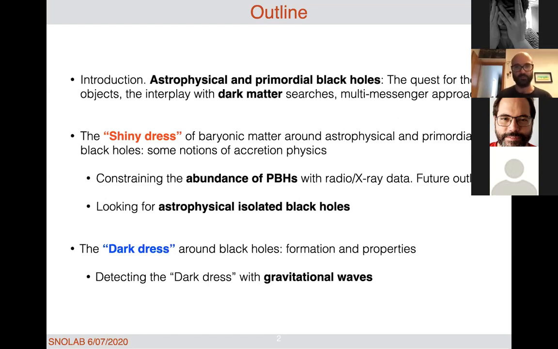And I will focus on both astrophysical and primordial black holes. So hypothetical primordial black holes will be a big part of this talk. And then finally, we'll talk about the interplay between black holes and dark matter, and the possibility to detect spikes of dark matter around black holes in the universe.